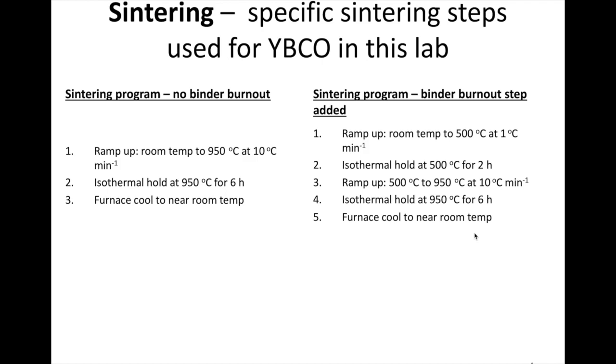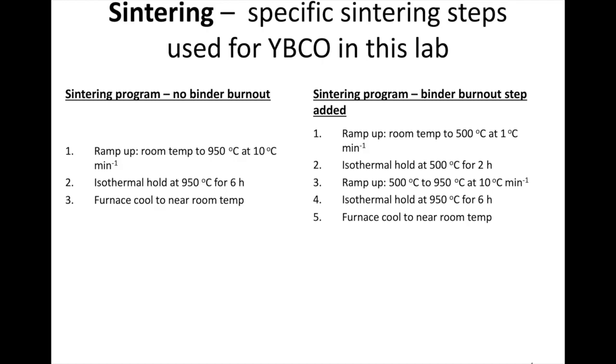The idea here is to see the effect of this binder burn off. From the previous lectures we should have an idea of what this does, but based on that knowledge, we're going to formulate a hypothesis, and then through the data, we're going to see what actually happens. So I want you to come up with what you think is going to happen, and also think about the other properties that we'll talk about.